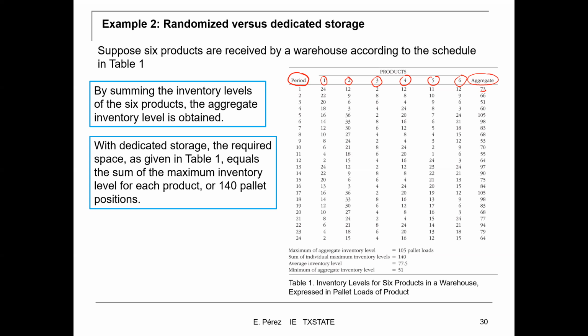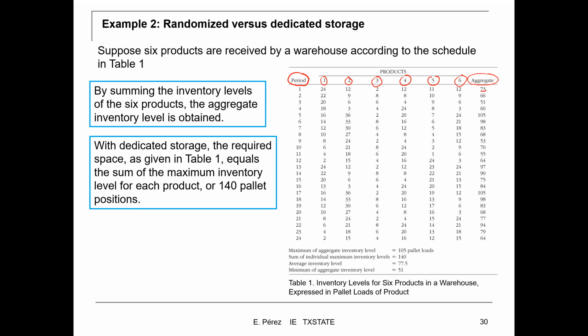So if you have an area, that area will never be occupied by another product. So when you plan for a dedicated storage, then you have to make sure that you have enough space for the product when it arrives, for every single item that you have in your warehouse.